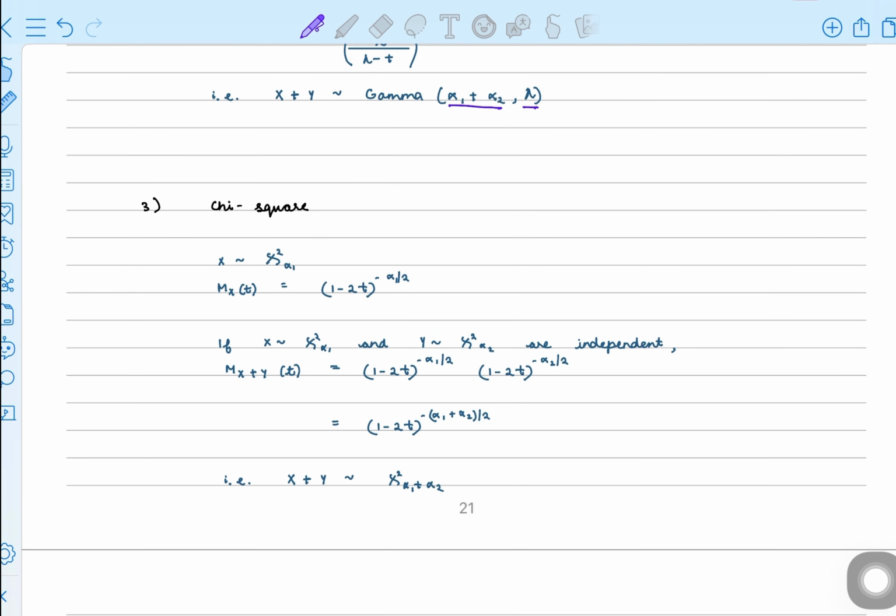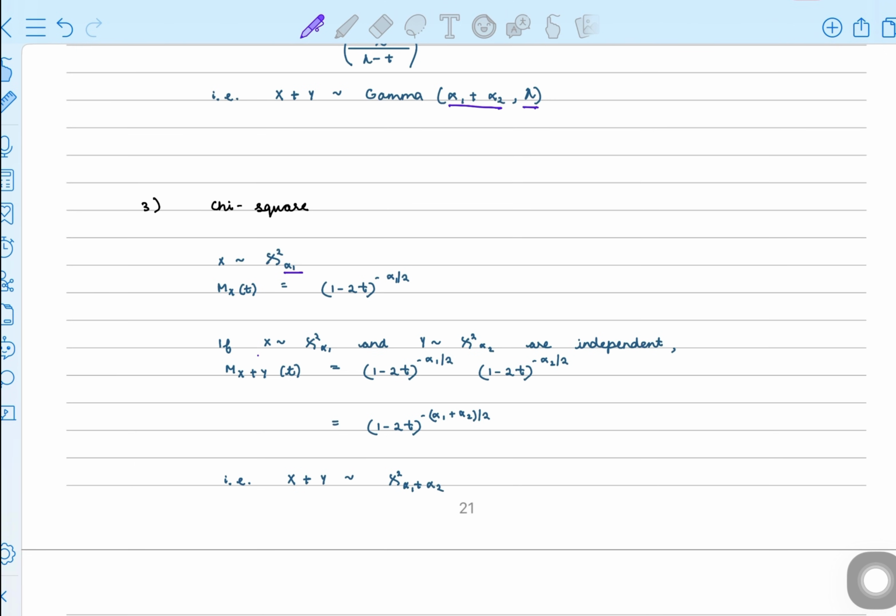Next, we have the chi-square distribution. If the random variable x follows the chi-square distribution with the degrees of freedom alpha 1, then the MGF for this is given by 1 minus 2t to the power minus alpha 1 upon 2.